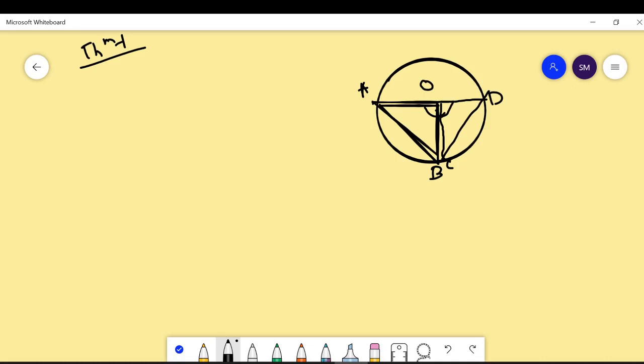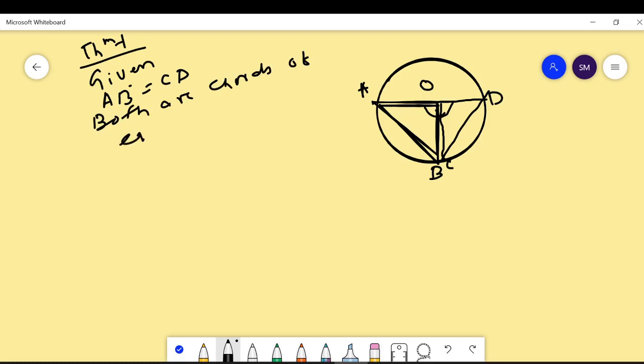Given: AB is equal to CD, both are chords of equal length.